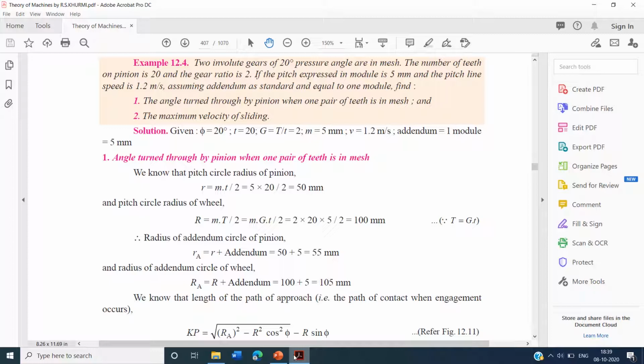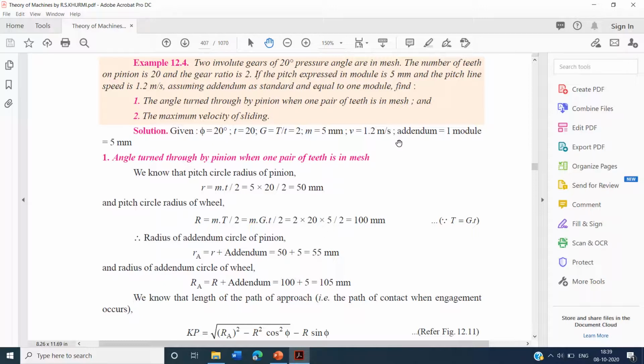Gear ratio means capital T divided by small t. If the number of teeth on the gear is not directly given, then they will provide the gear ratio so that we can calculate the number of teeth on the gear. So, gear ratio, which is T by t, is equal to 2. And the pitch expressed in module is 5 mm.